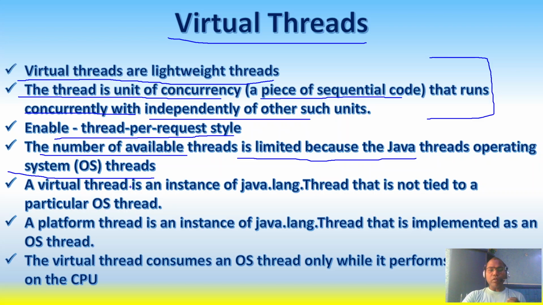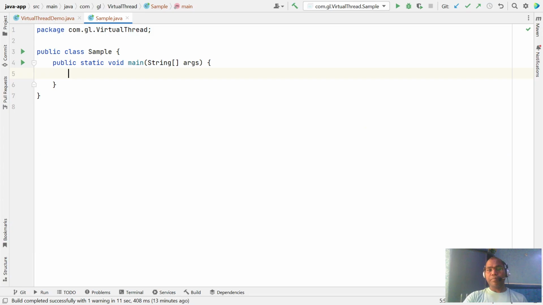And this new kind of thread, the virtual thread, is also nothing special. A virtual thread is simply an instance of the Java Thread class, but it is not bound to a particular operating system thread. What do you mean by that? Let us see an example. First, let's write an example of how we previously wrote threads.